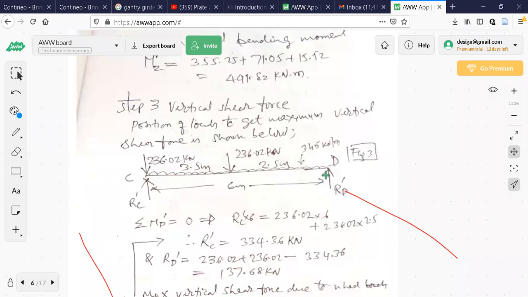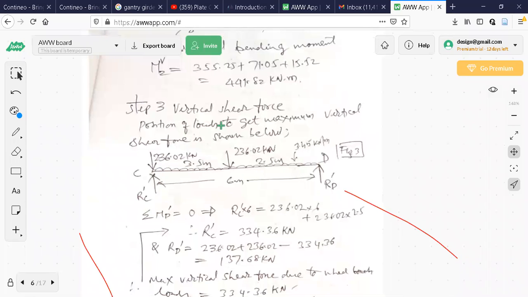CD is the span for the gantry girder. So one point load should be resting directly on C, and one more at a distance of 3.5 meter. It should be placed like this for finding vertical shear force. Remember that the position of those two point loads is not the same for bending moment and shear force calculations. Whichever gives me the maximum shear force, that way I should place them.